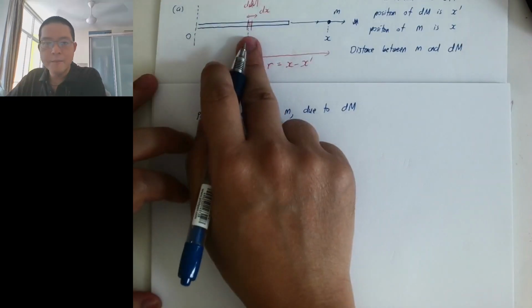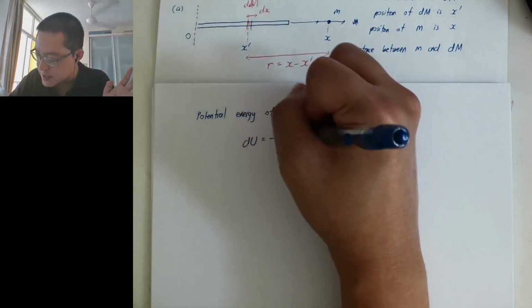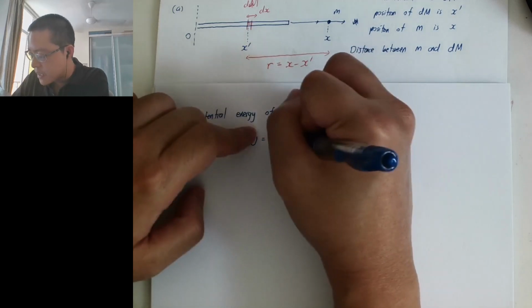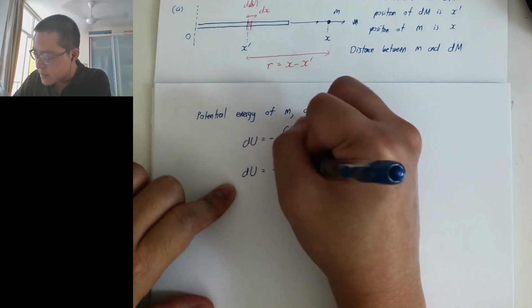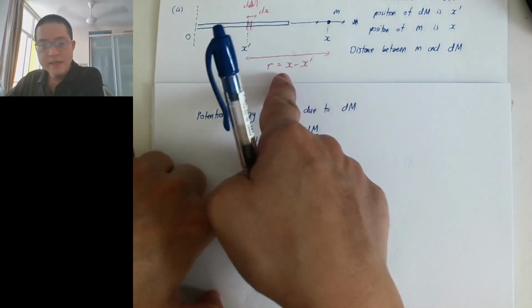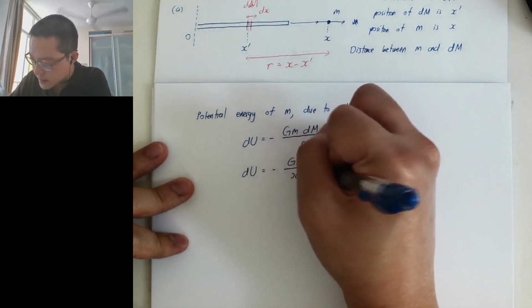We are only looking at one point, and only later do we integrate. The expression for dU is the general formula G M dm over r, and as I have said, it is G M dm over the distance r, which is x minus x prime.